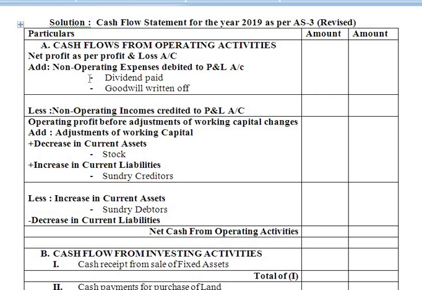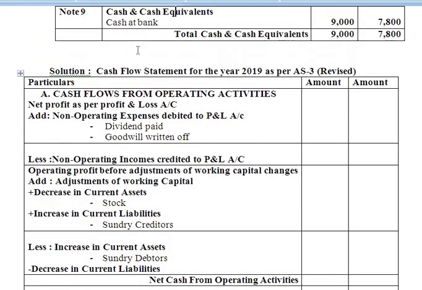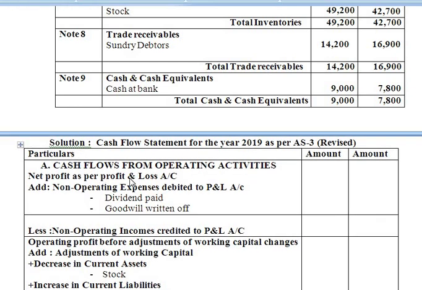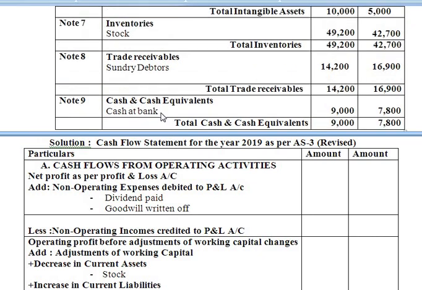Okay, so right here first one, cash flows from operating activities. After that next line write profit as per the profit and loss account. Now check the profit given in the problem.